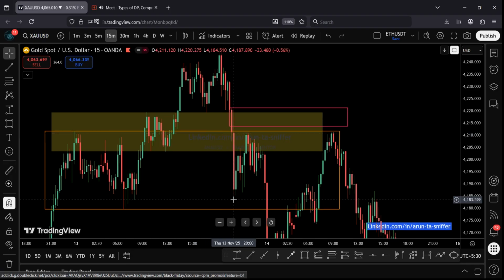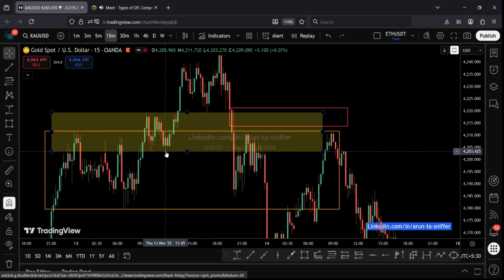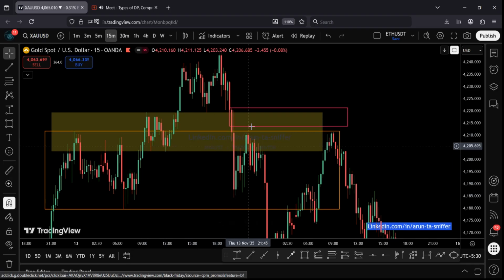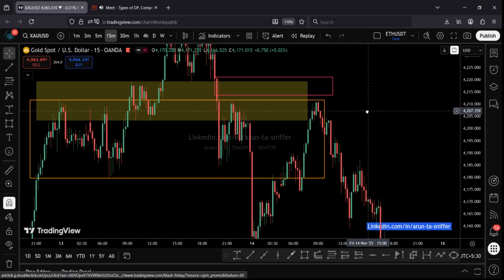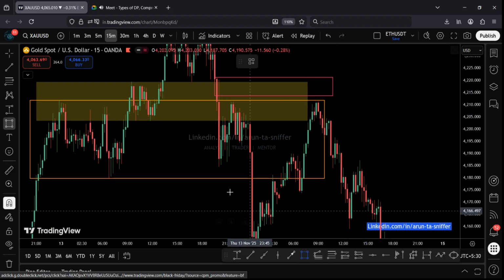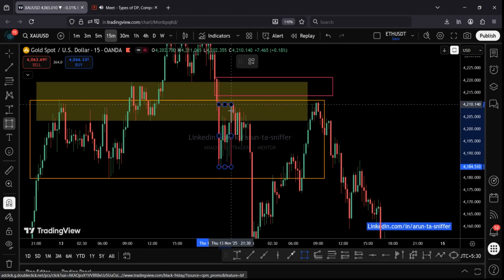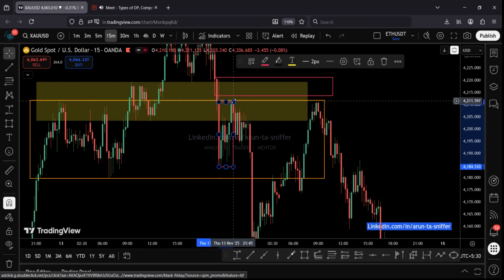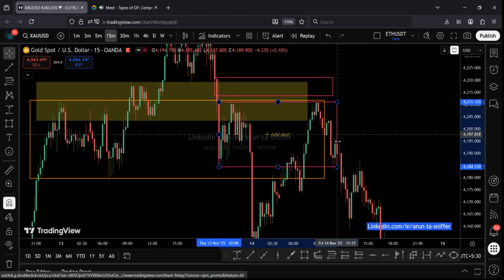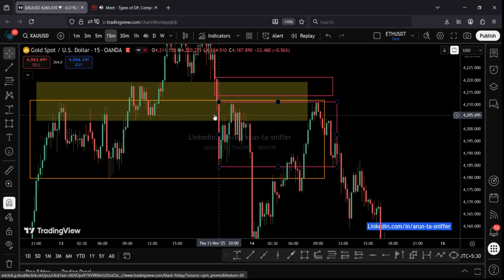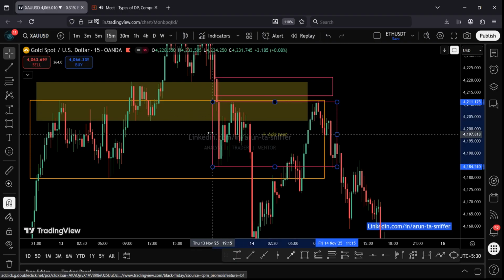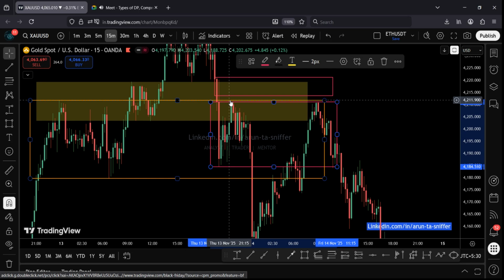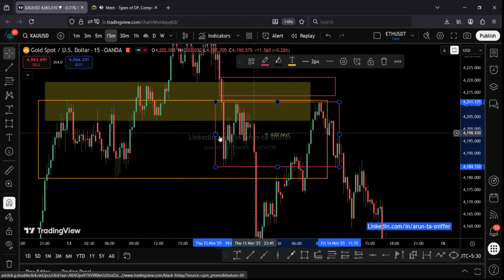Then price comes down and cross this low. So what this become? This become our RS, but this has reached to the DP. Not reached or not? No, this did not reach to a DP.